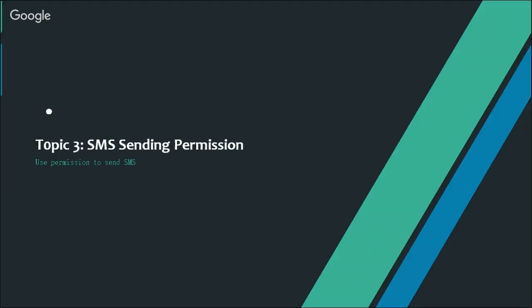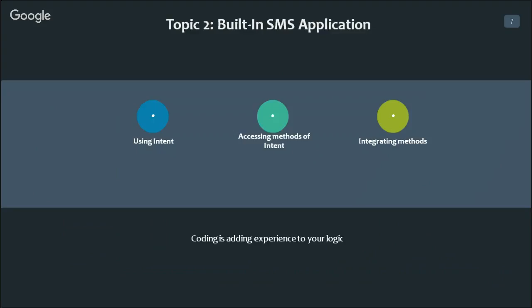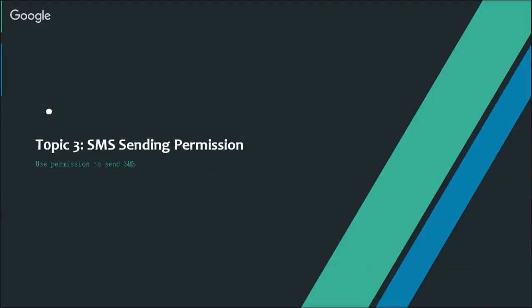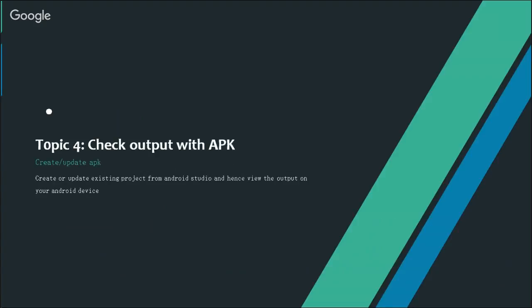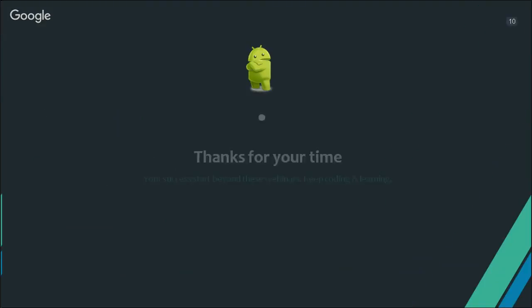We created intent, we accessed methods of intent and integrated intent, and we started permissions from our XML file, and we checked output with APK. And for this webinar, we created APK in order to call our inbuilt SMS application, and we created a simple view over there.